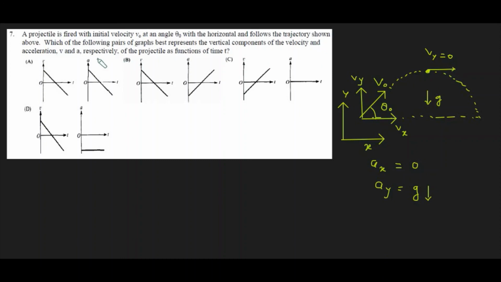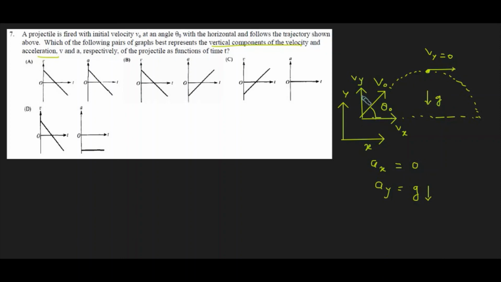Now here we have to find out the vertical component of velocity and the acceleration. Since the acceleration throughout the motion is constant, we can say the acceleration is represented by g only. So whatever the position of the object, the acceleration will always be the same, that is g.